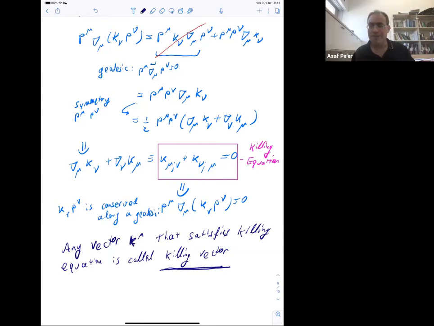The way you can see it is just go back to see how we derived it. We started from a general direction, which we did not specify what it is. We just showed that every time in this direction the momentum is conserved, then you end up with a vector that satisfies the killing equation. Okay, so I should write it down.